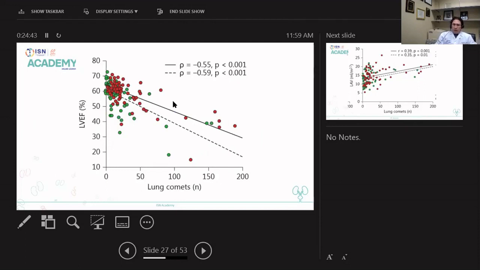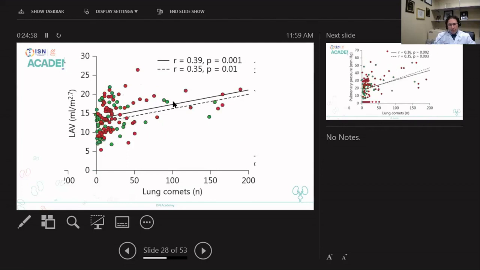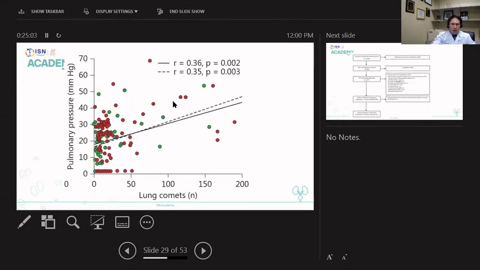Another study was done looking at the number of lung comets in dialysis patients in Italy, looking at left ventricular ejection fraction. The more lung comets you have, the lower your ejection fraction. The left atrial volume, lung comets, and pulmonary artery pressure and lung comets.